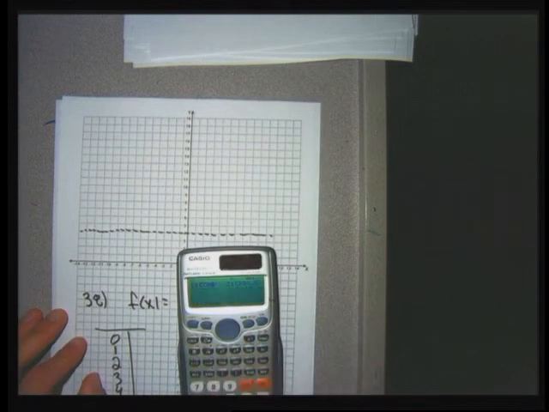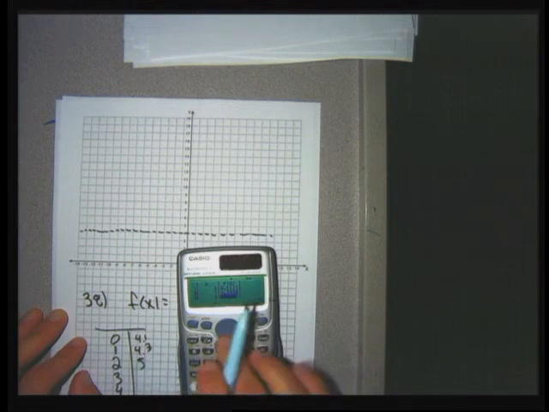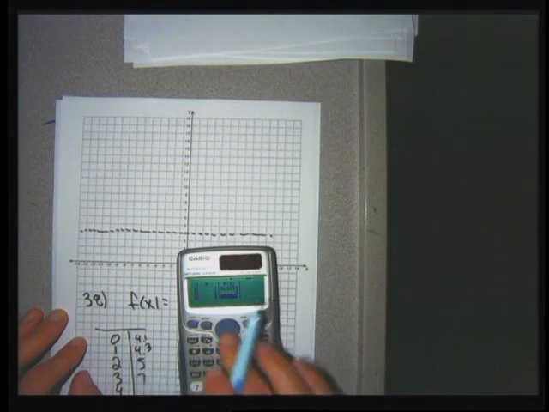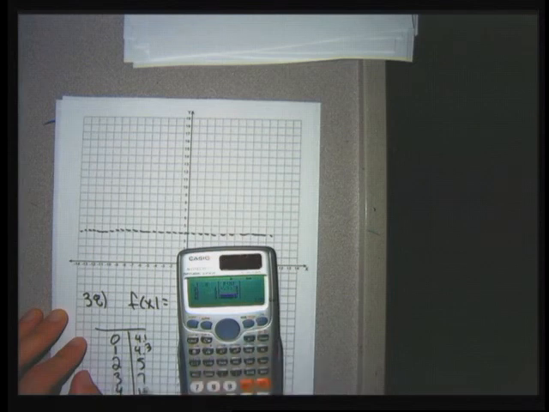Mode table 3 exponent alpha x minus 2 plus 4. Start at 0, end at 4. Step 1. I get 4.1, and then 4.3, and then 5, and then 7, and then 13.